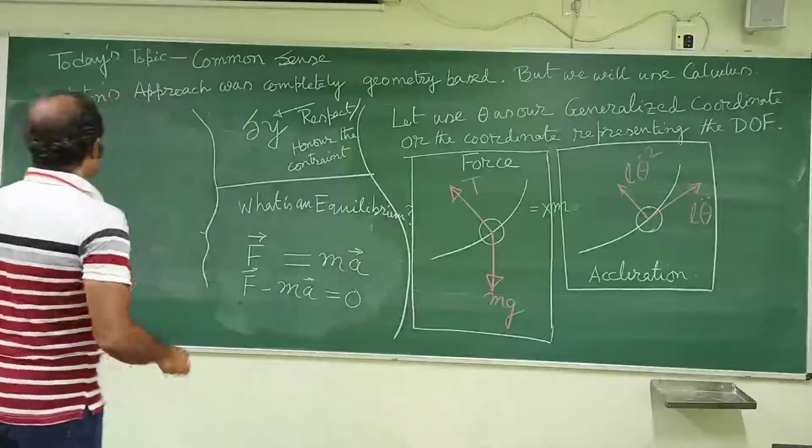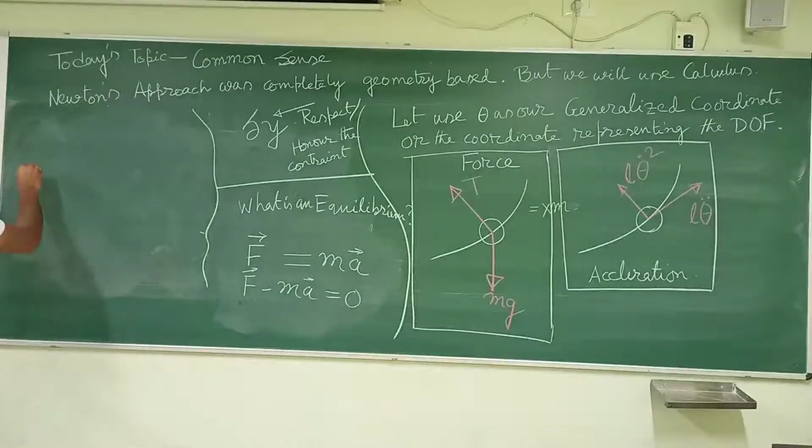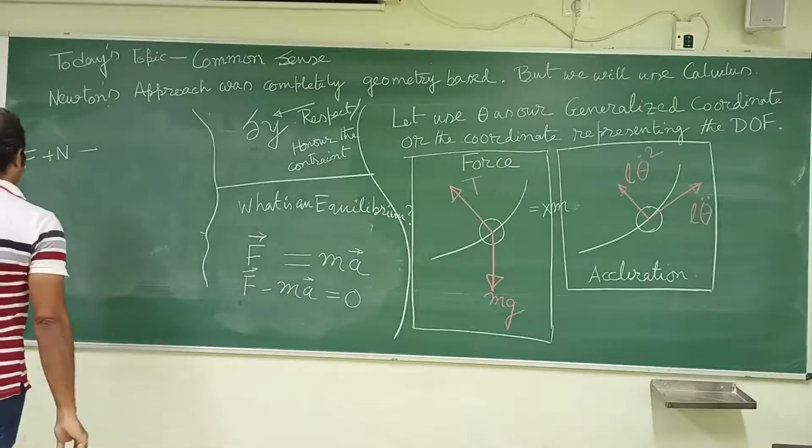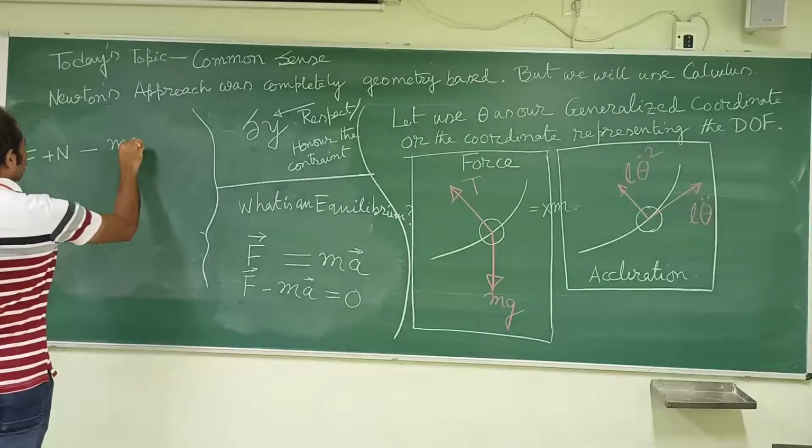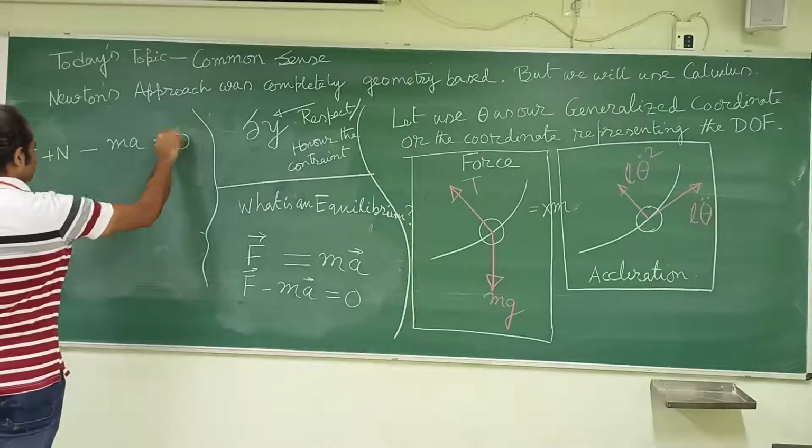So let's denote that this mg is the F, right? And the constraint force we will denote as N. Minus m a is going to be 0.